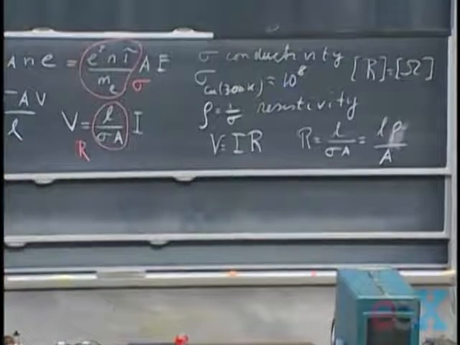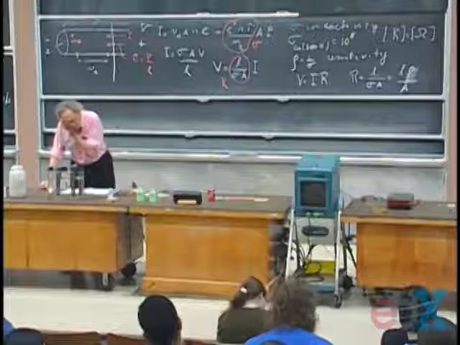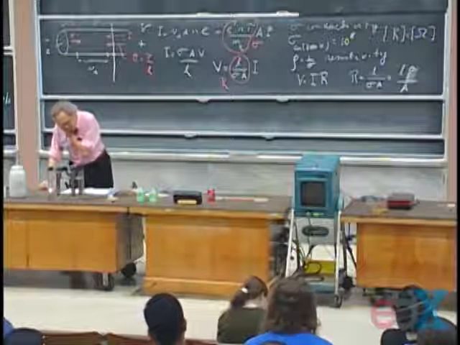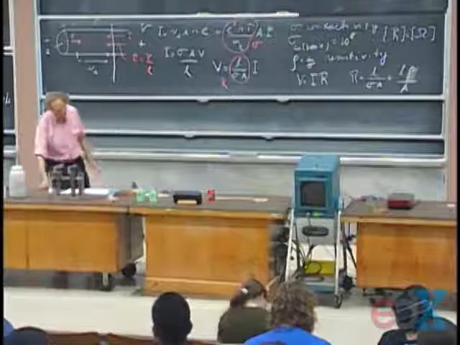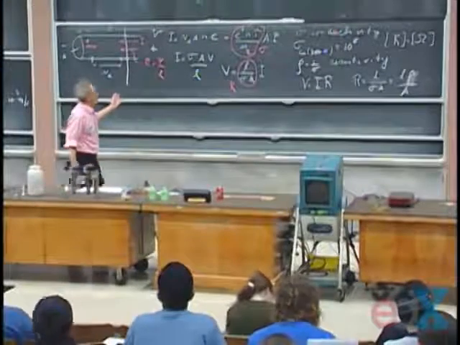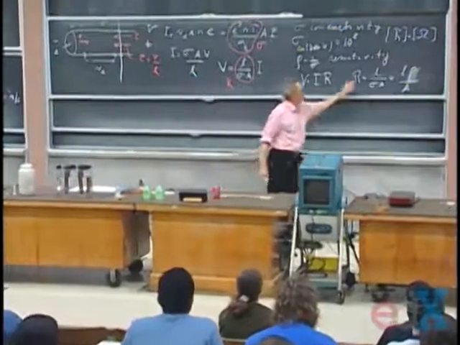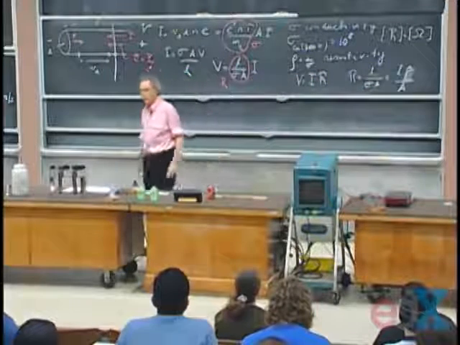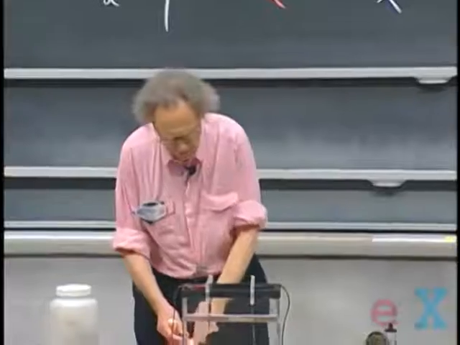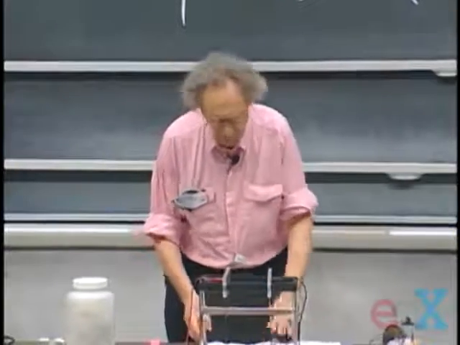The unit for rho is then ohm meters. So we have derived the resistance here in terms of the dimensions, namely the length and the cross-section, but also in terms of the physics on an atomic scale, which all by itself is interesting.